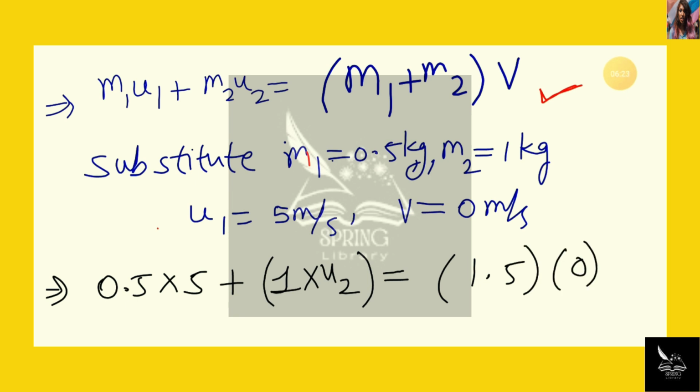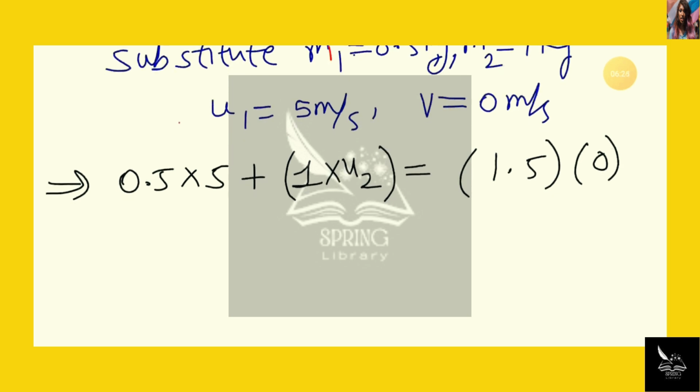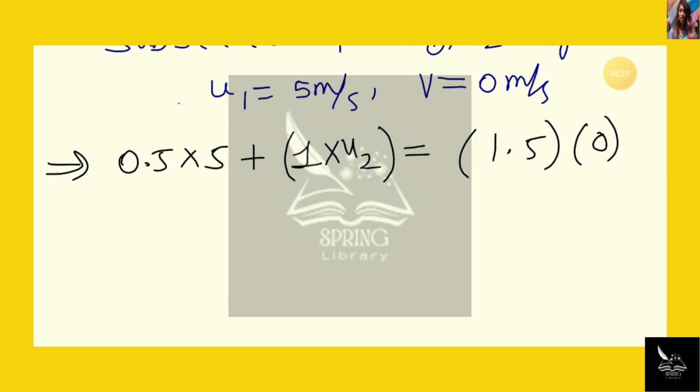Now simplify it, then I will get the value of u2 equal to minus 2.5 meter per second.